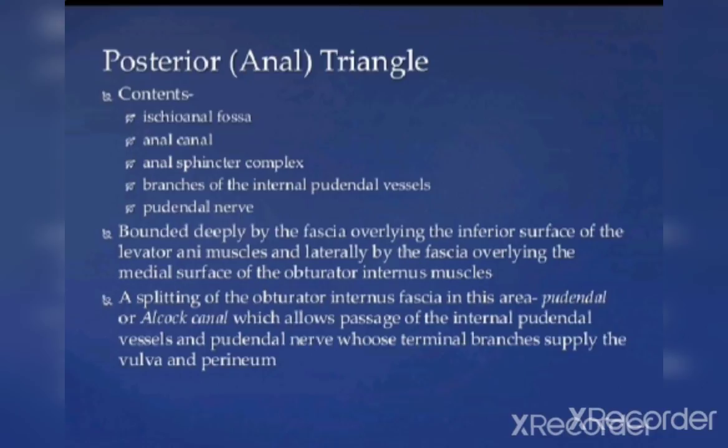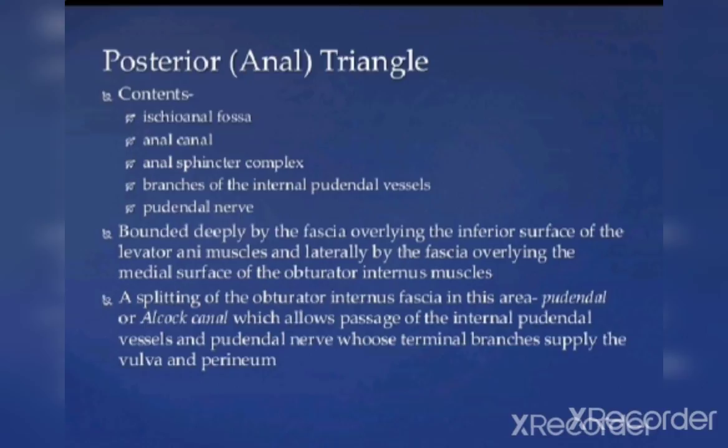It is bounded deeply by the fascia overlying the inferior surface of the levator ani muscles and laterally by the fascia overlying the medial surface of the obturator internus muscles.